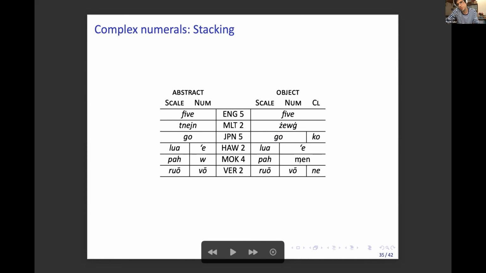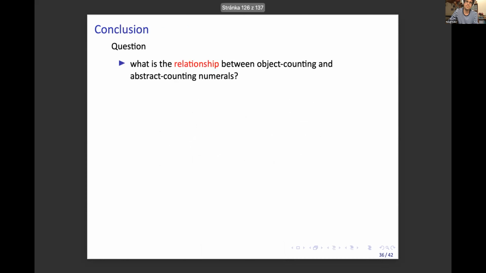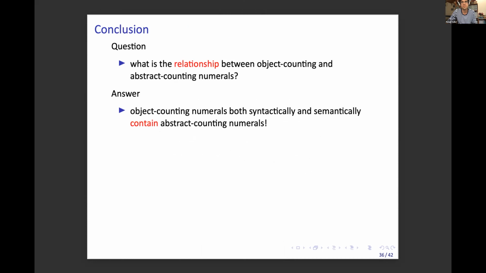And then in the object counting use, there's going to be a similar story to the one I told you, okay? And so just to conclude, so we started by the question, what's the relationship between object counting and abstract counting numerals? The answer is the morphology seems to tell us that the object counting numerals syntactically and semantically contain the abstract counting numerals.